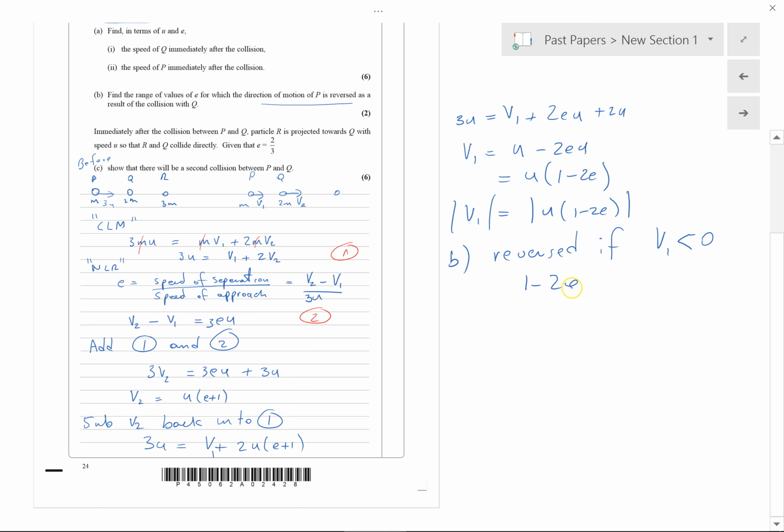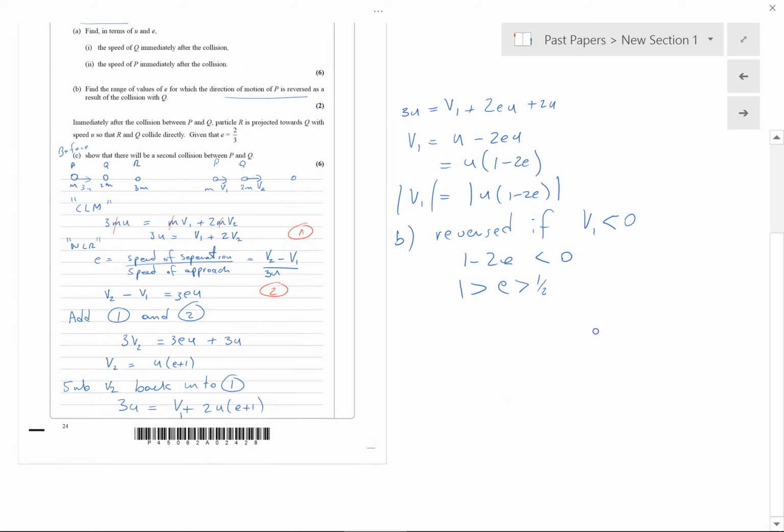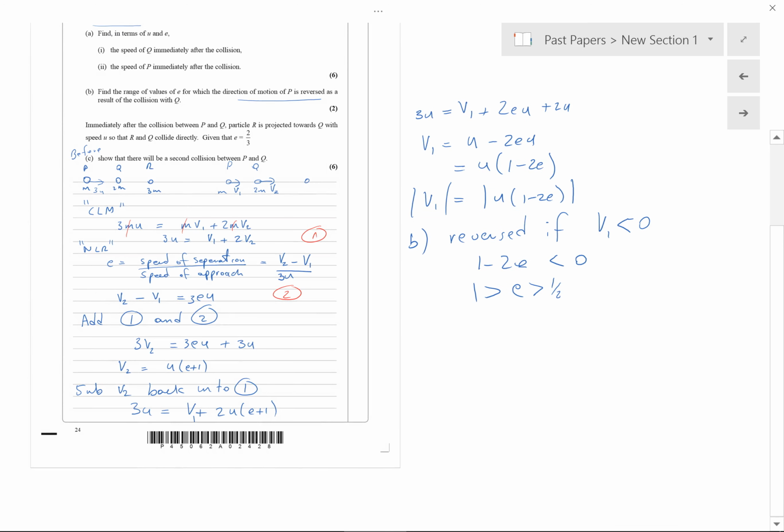Let's call that the modulus whilst we're at it, which is speed. 1 minus 2e is less than 0. Rearrange that, and that would give us E has got to be greater than half. You might also decide to tell us that E is less than 1, although that was not required to get full marks.